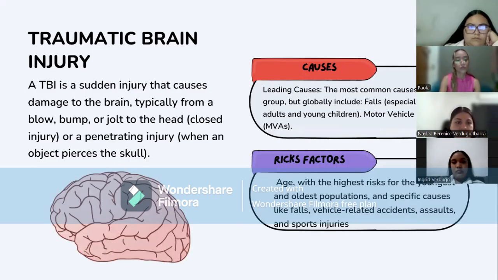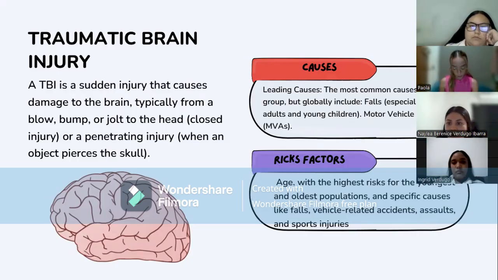Traumatic brain injury. TBI is a sudden injury that causes damage to the brain, typically from a blow or bump to the head. Closed injury or a penetrating injury when an object pierces the skull. Causes: leading causes.